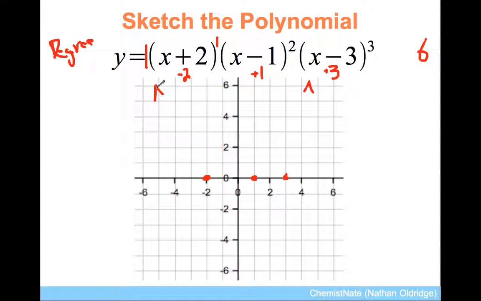Now, if I start pointing up to the left, I need to approach my first x-intercept and blast straight through it because it's supposed to appear like a line when you zoom in on it. As I get closer to positive 1, I need to be thinking about bouncing there.